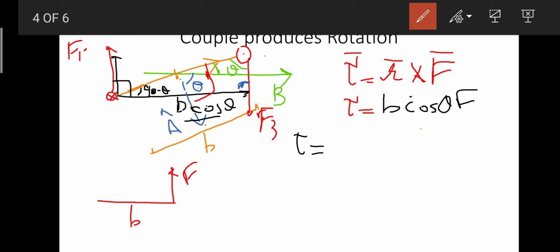So here b cos theta into F. Now putting the value of F, which was B I into a, right?